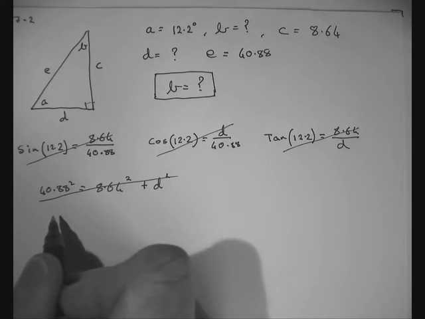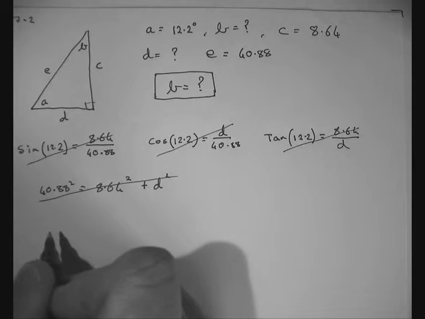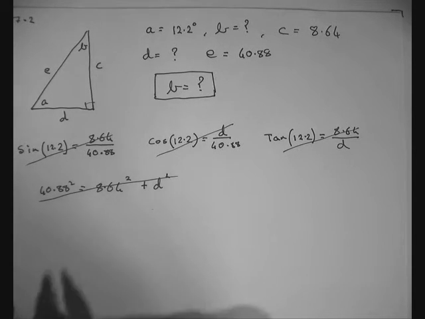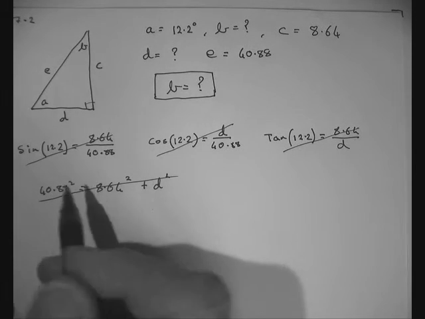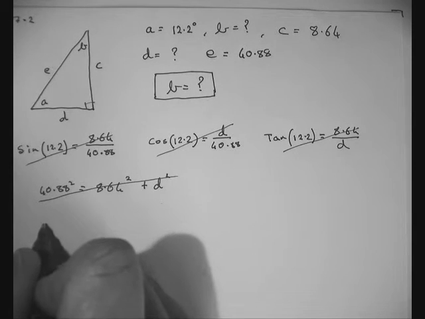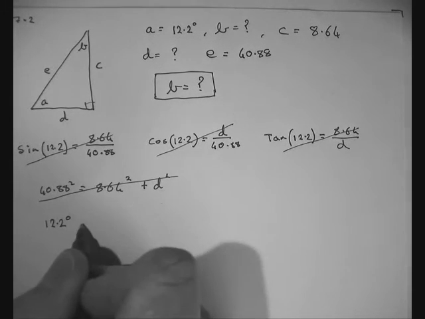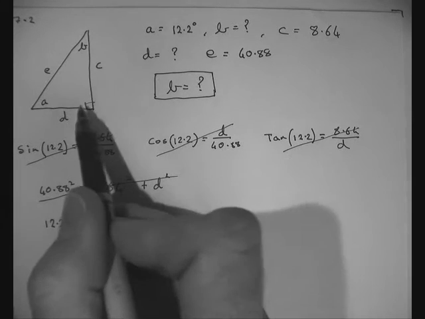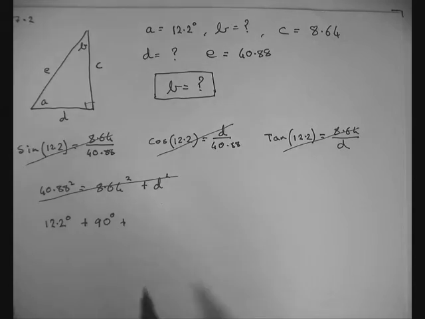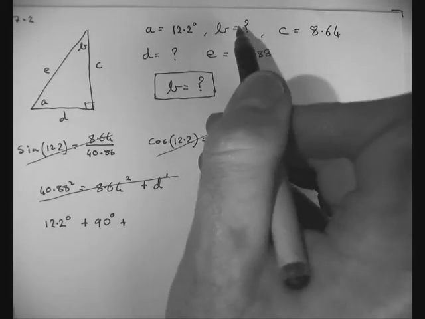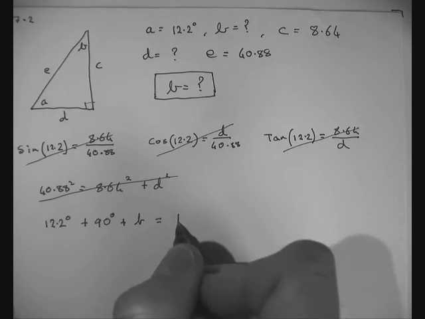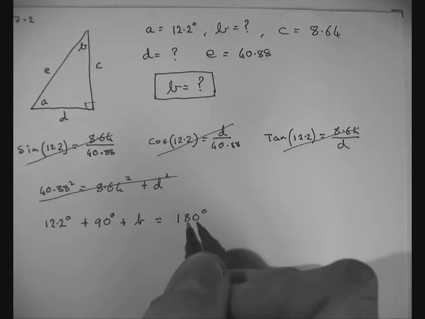The next tool that we can try is the fact that in any triangle the sum of the internal angles must sum to 180 degrees. So starting with angle A is 12.2 degrees, plus this is a right angle, and a right angle is 90 degrees, plus B. B is unknown, so write it in as an unknown, must equal 180 degrees.